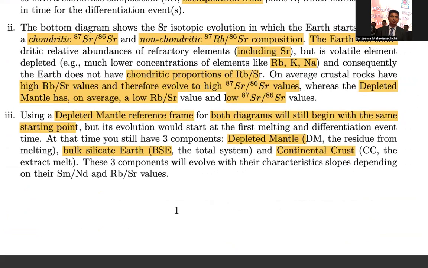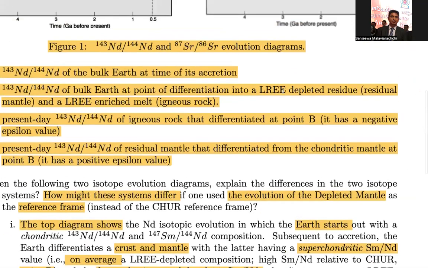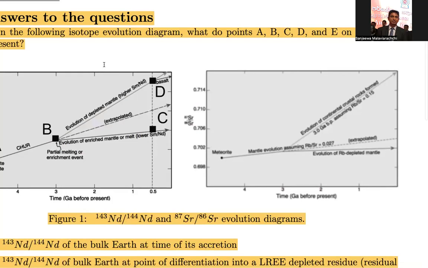These three components will evolve with their characteristic slopes depending on their samarium, neodymium, and rubidium, strontium values, for those two diagrams. So evolution will happen based on the samarium, neodymium value. The same diagram you can use irrespective of whether you use Ch or depleted mantle.